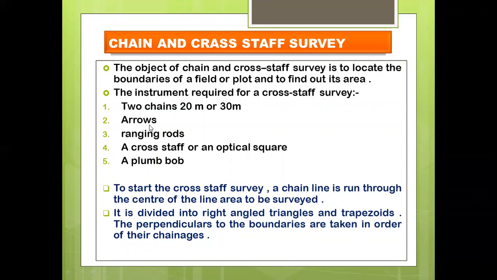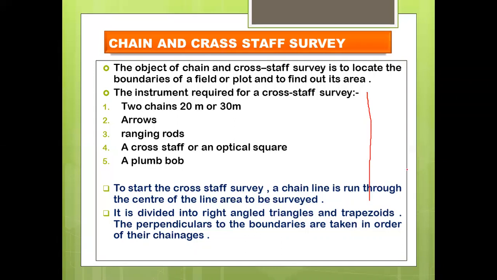Then basically we will see how to do the cross staff survey. Firstly, we have to decide the center line which can cover the whole area that we are going to measure. So we have to assume such a line. Suppose that is my chain line, which will cover the whole area.